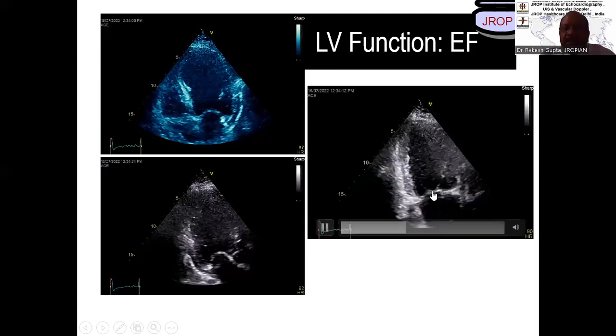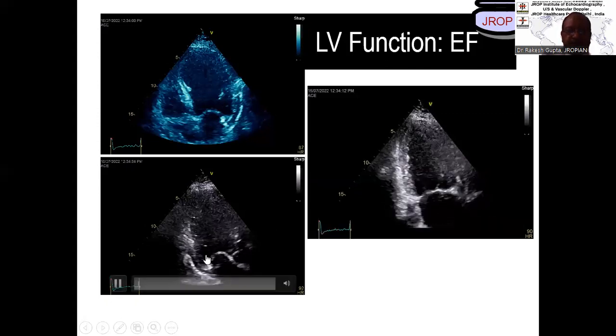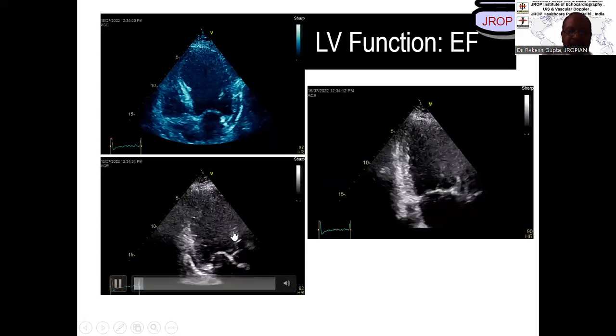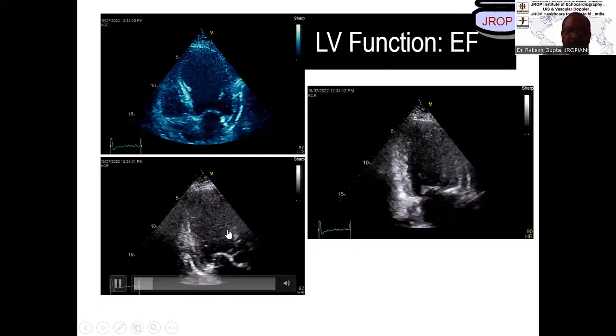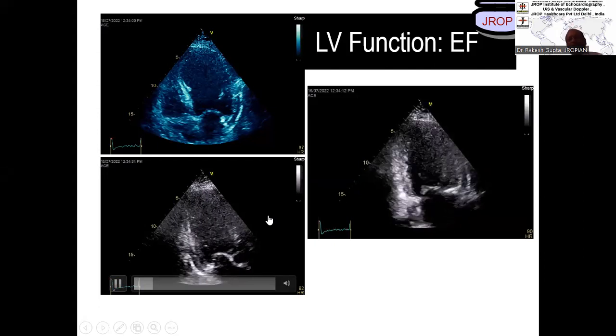Is it less contracting? Look, this is less contracting. Yes, sir. Then concentrate on apical, mid anterior septum and basal anterior septum. They are also hypokinetic. In fact, they're not contracting. And this corresponds to LAD territory.